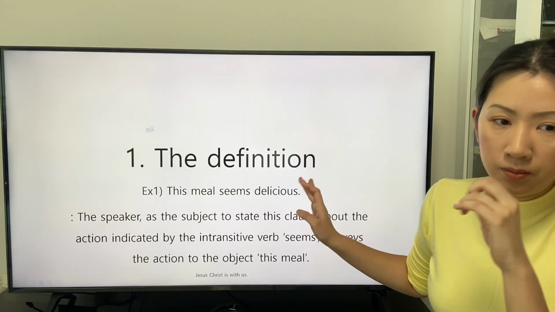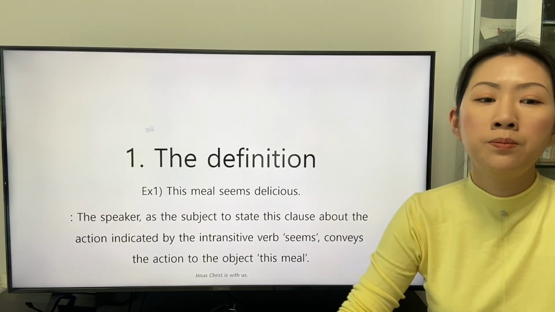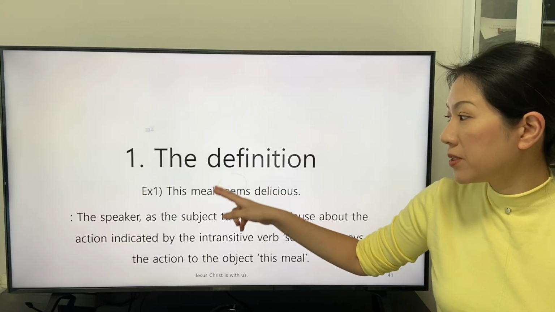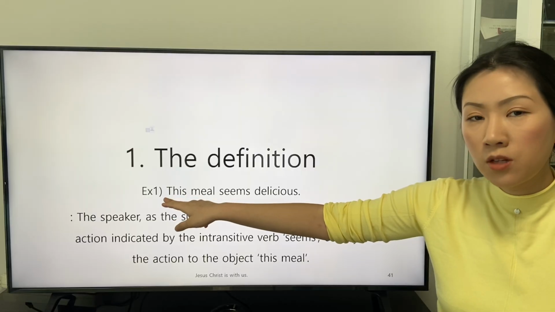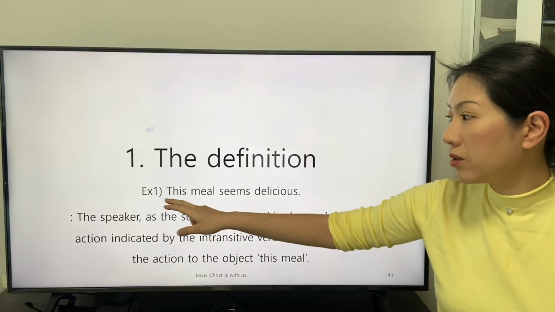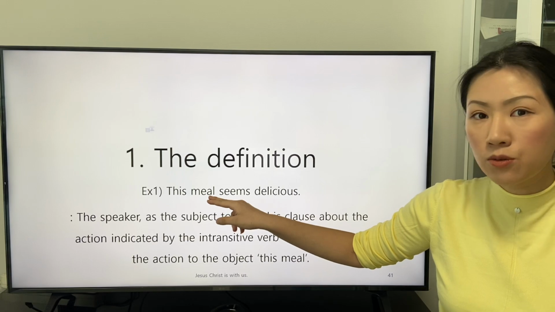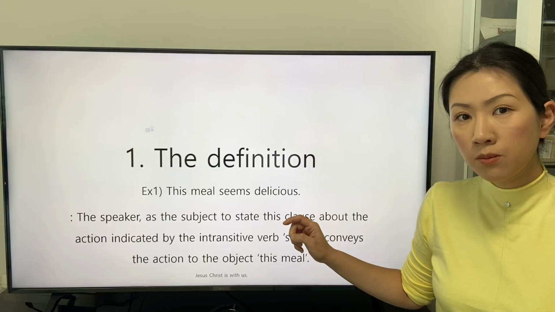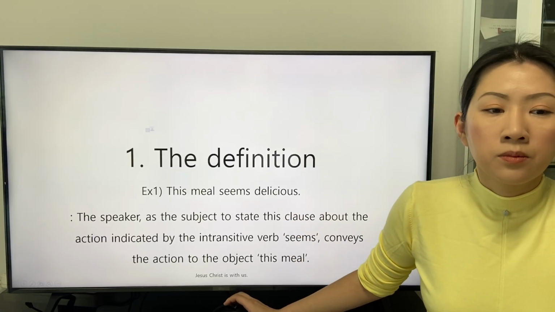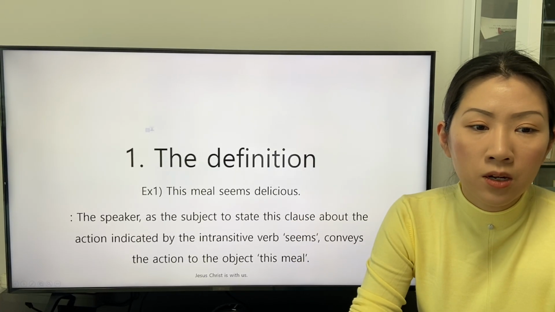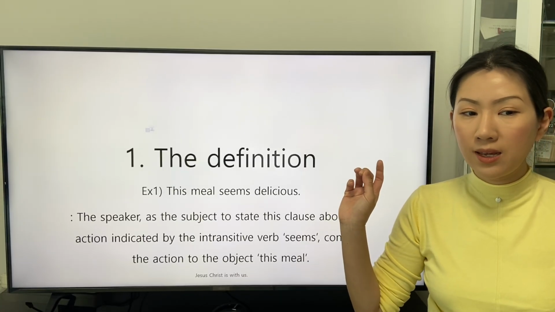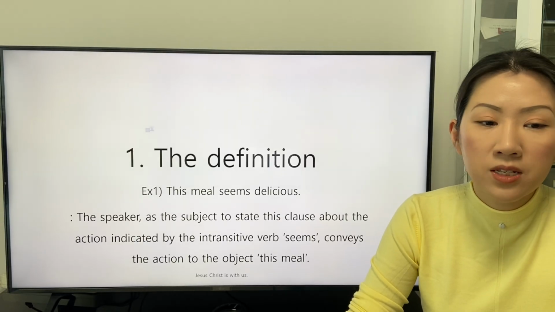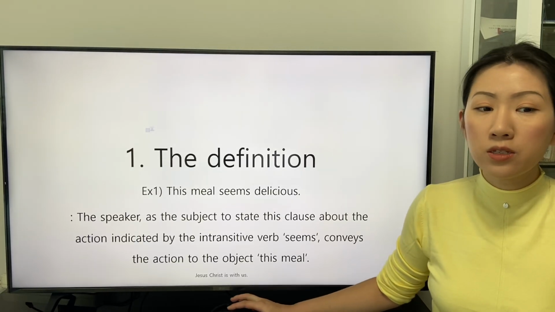There is a clause, this meal seems delicious. In this clause, the intransitive verb seems describes the subject, this meal, and the subject, this meal, is described by a descriptive word, delicious. The speaker, as the subject stating this clause, conveys the action indicated by the intransitive verb seems to the object, this meal.